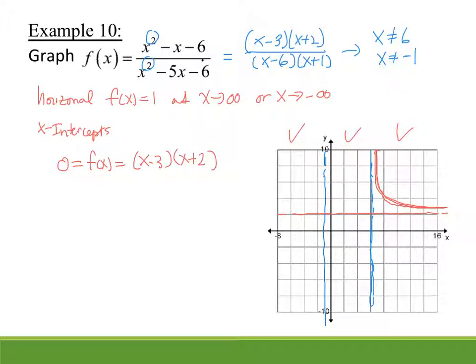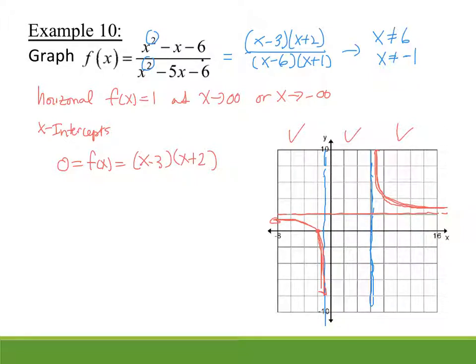So there are x-intercepts at 3 and minus 2. So there's an intercept right here. Because there's a point at negative 2, we notice the top part is 0. So nothing else matters because it crosses this. So that means that the only way this function can look is like this.